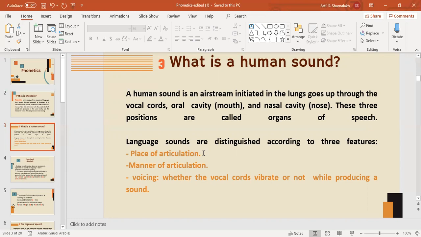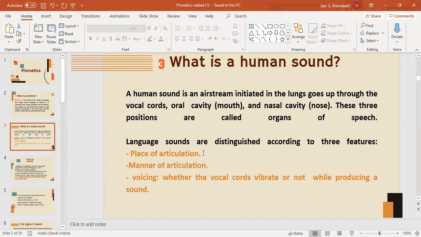Because one is voiced, which is when the vocal cords vibrate, so you produce V. This is voicing, al-majhur, and "if", which is voiceless, the vocal cords don't vibrate. Okay, so this is what we mean by voicing, the third point: whether the vocal cords, الأحبال الصوتية, vibrate or not.